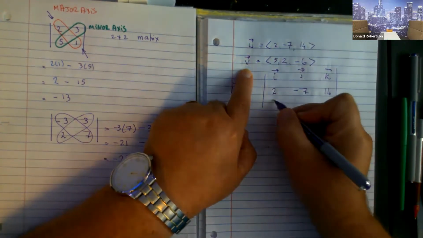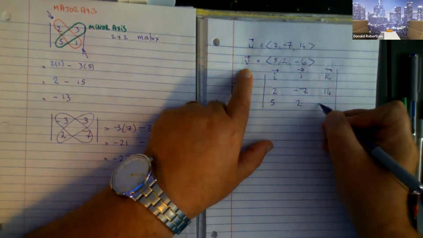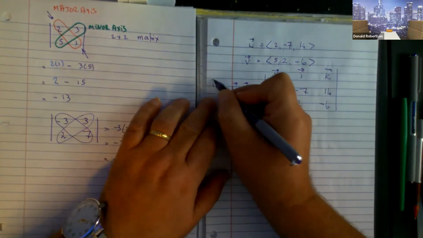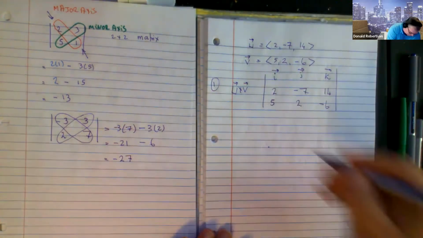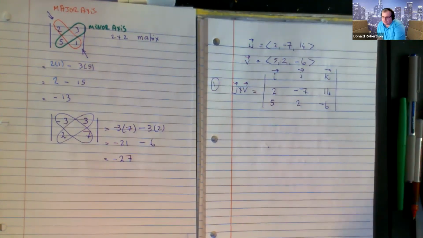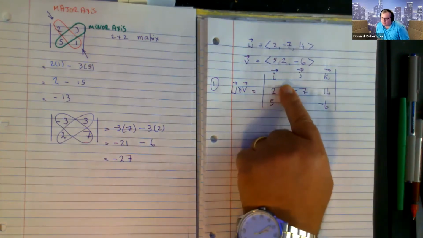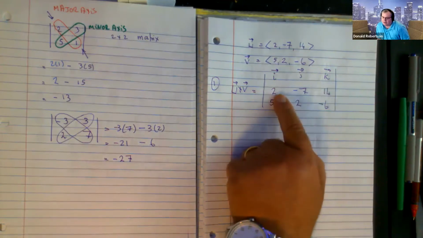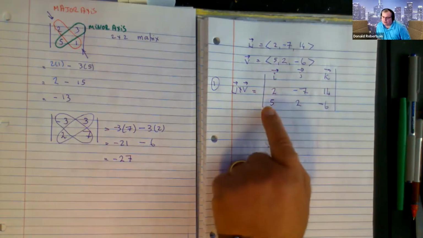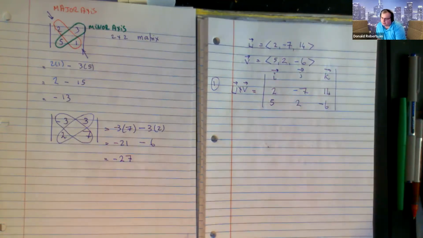V goes next, 5, 2, -6. Are you all comfortable with step 1 in this process? IJK, the numbers that make up U, and the numbers that make up V. Are we comfortable where they go and the order we write things?